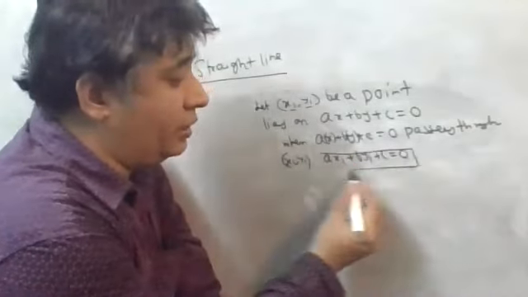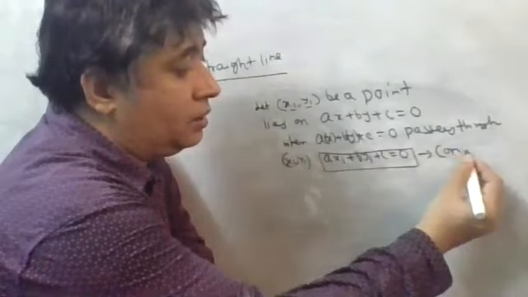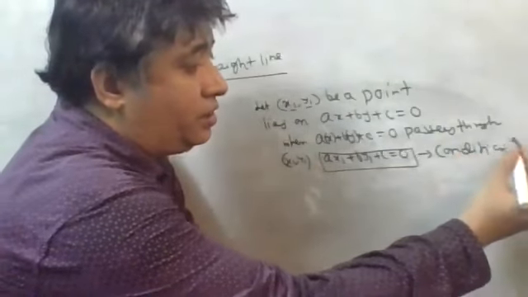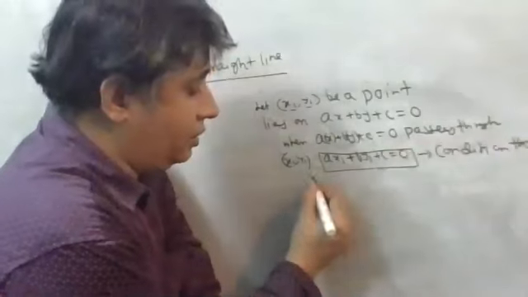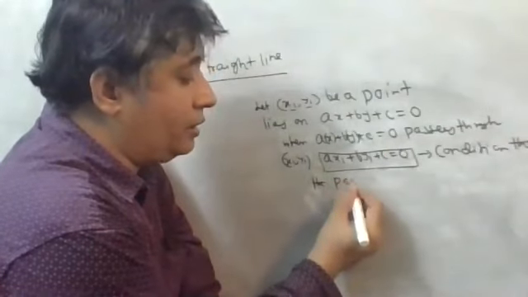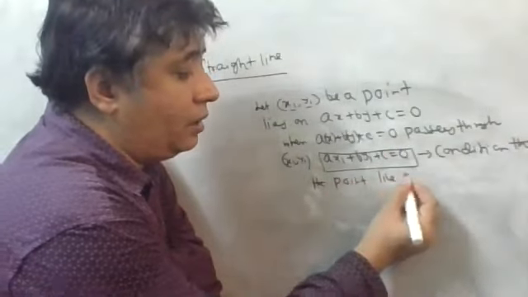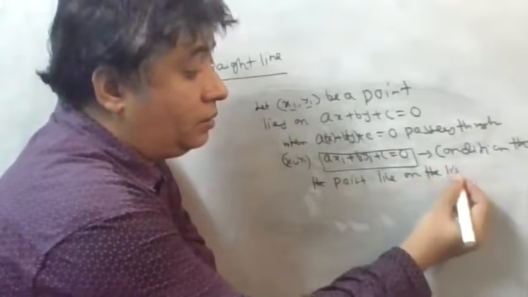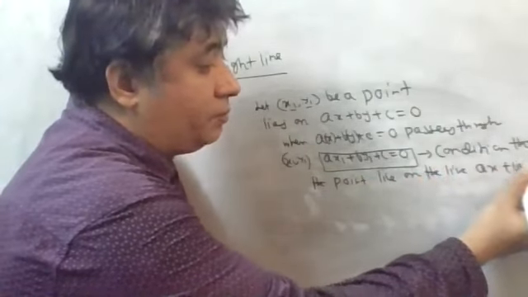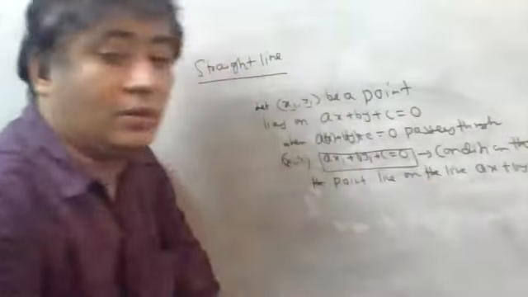This is the condition that the point lies on the line ax plus by plus c is equal to 0.